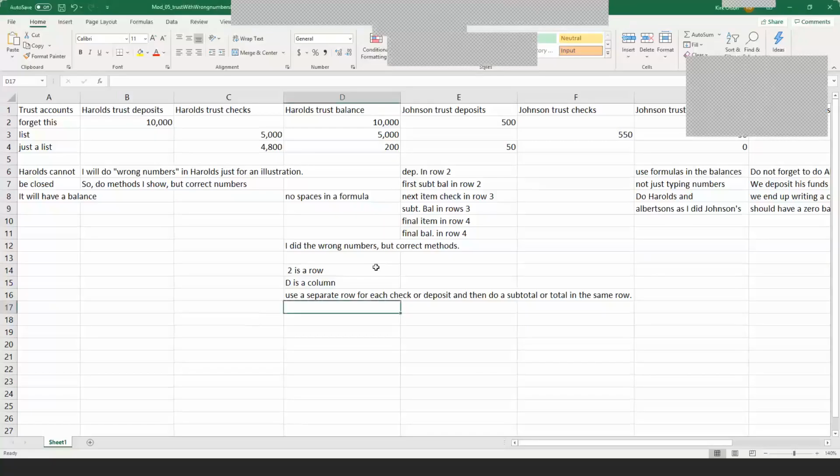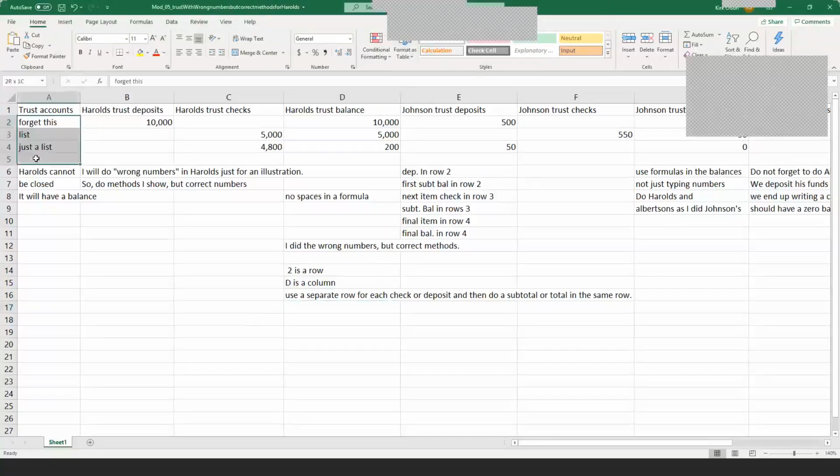Okay, so this side is just a list of names. Do not line up using the list. In fact, it helps to just delete it. Harold's cannot be closed. It will have a balance. Can I show you how to do it?